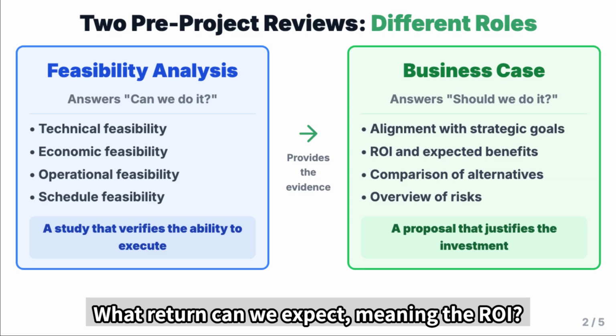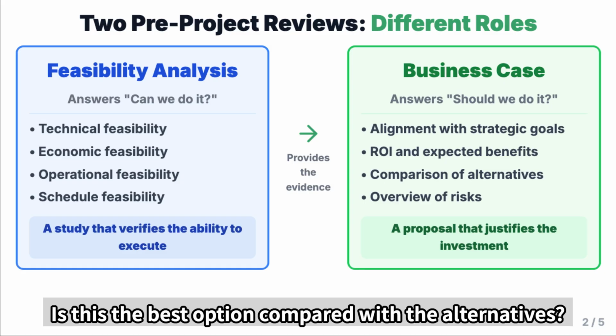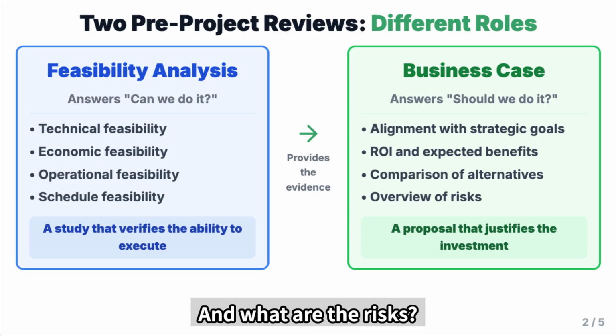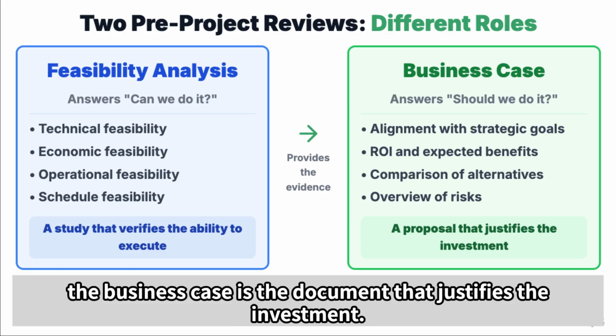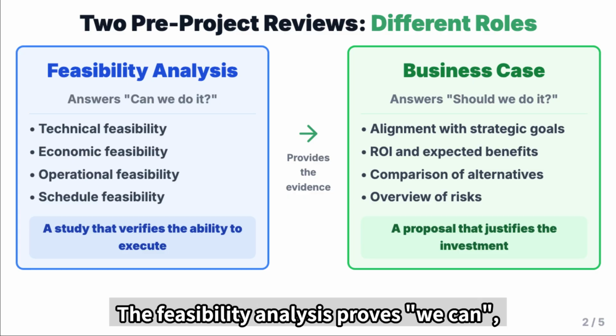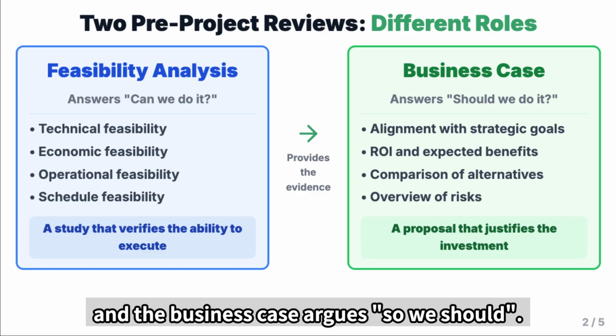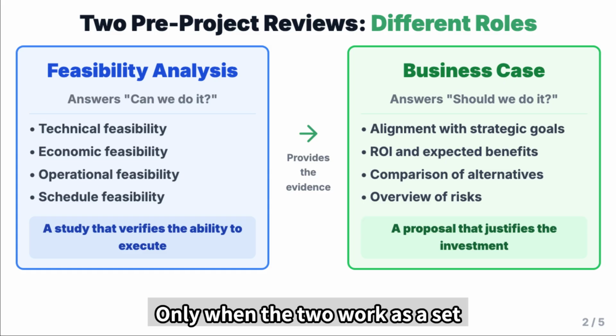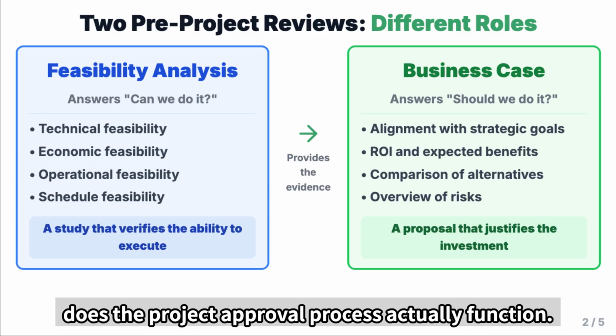What return can we expect, meaning the ROI? Is this the best option compared with the alternatives? And what are the risks? In other words, the business case is the document that justifies the investment. The feasibility analysis proves, we can. And the business case argues, so we should. Only when the two work as a set does the project approval process actually function.